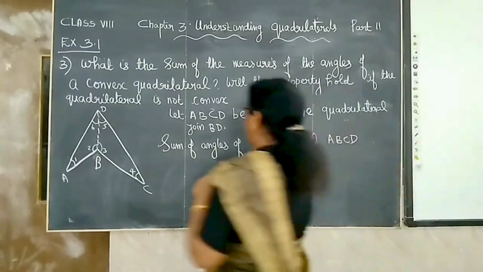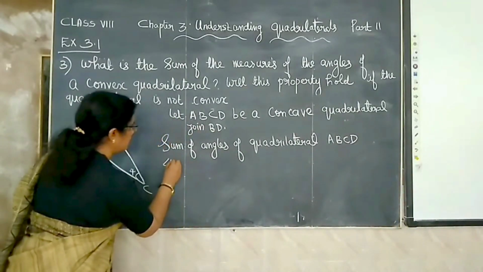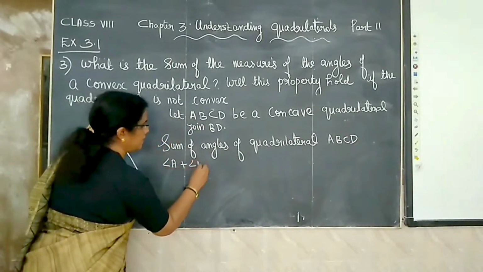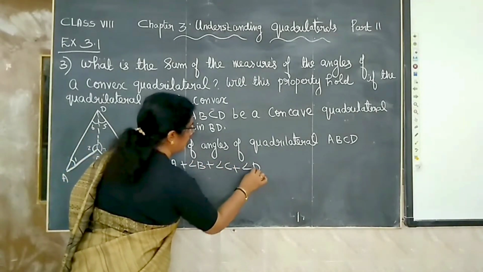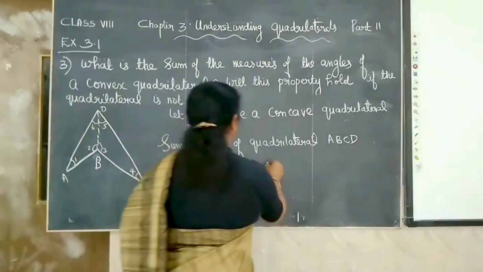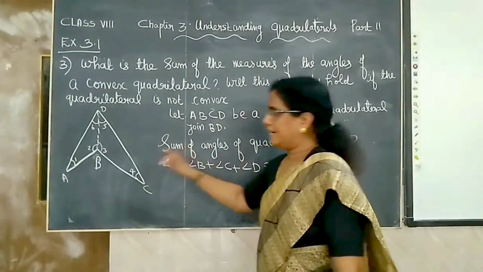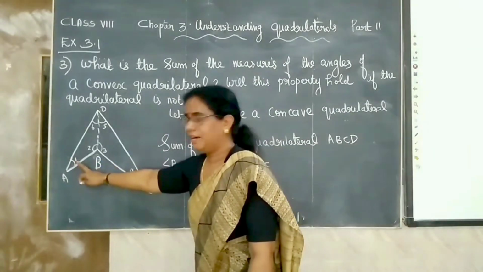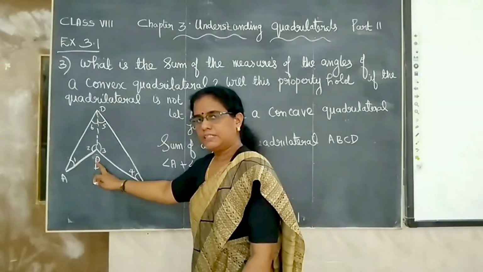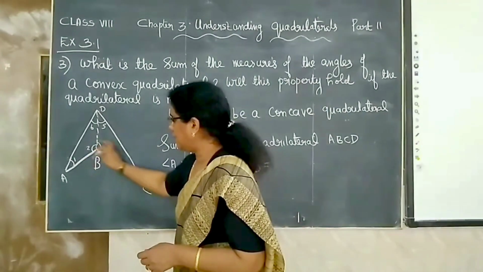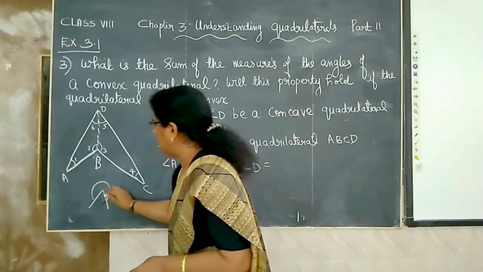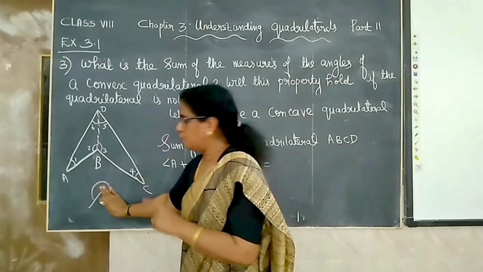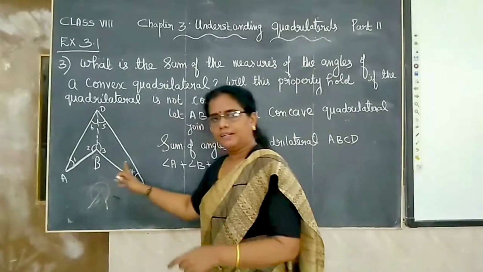We can write angle A plus angle B plus angle C plus angle D. From the figure, angle A represents angle 1, and angle B is this full angle. Therefore, it is divided here into two parts, angle 2 and angle 3.